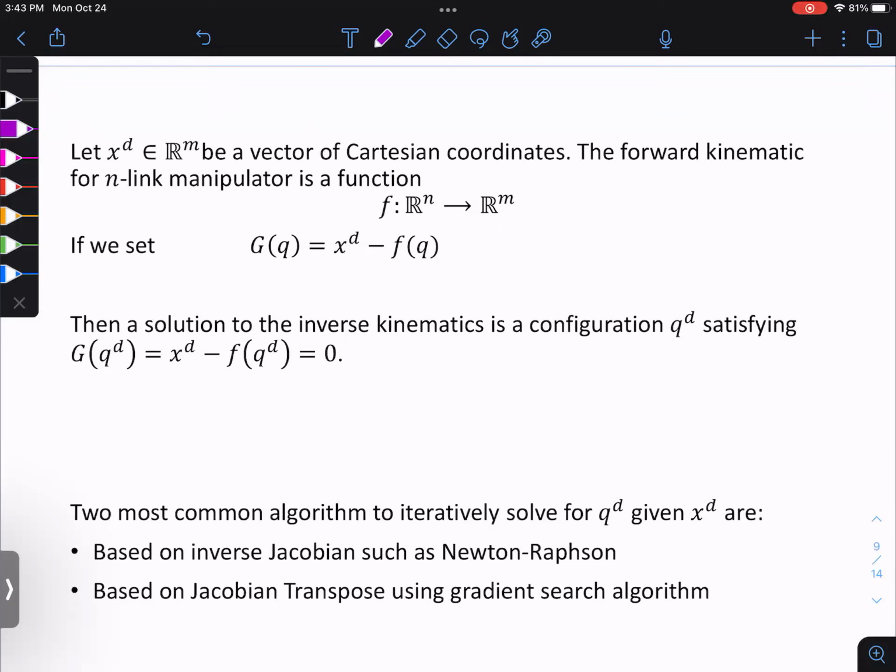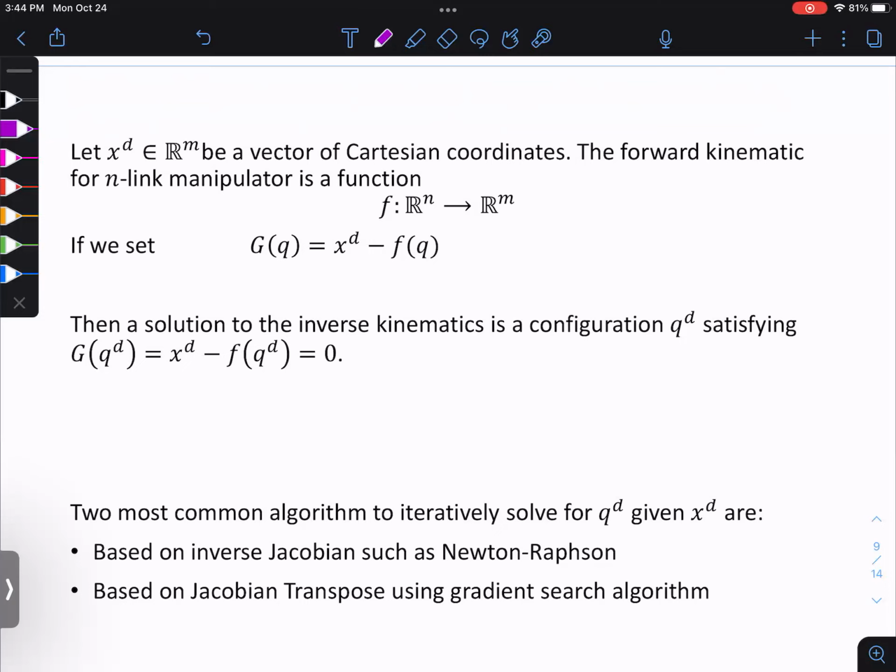There are usually two common algorithms to solve iterative problems. One is the Newton-Raphson, and the other one is the Jacobian transpose, using gradients and a search algorithm, right? So let's say we set x of d, x desired, to be a vector in Cartesian coordinates, meaning x, y, z, so it's the position, and the forward kinematic for any manipulator would be a function.